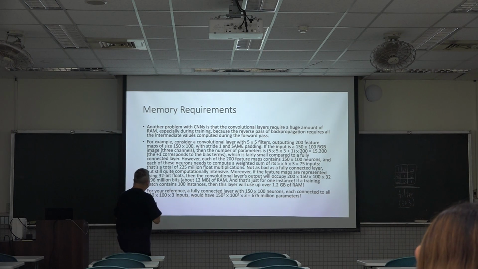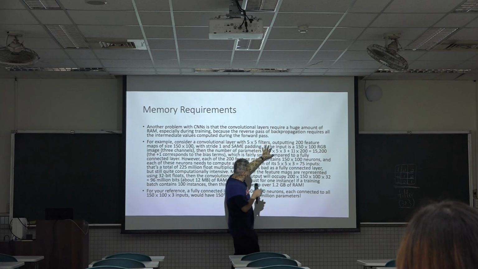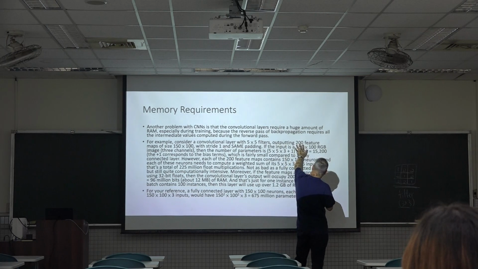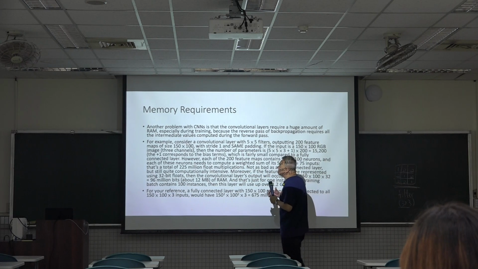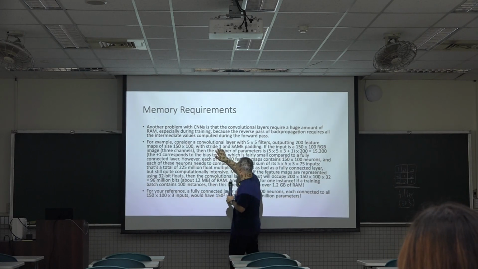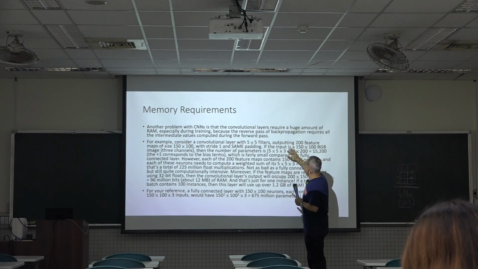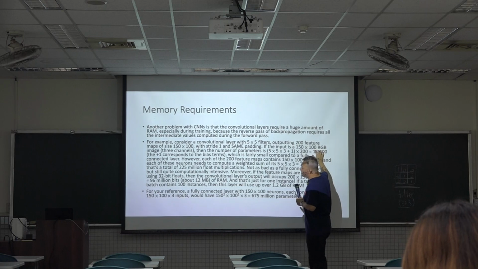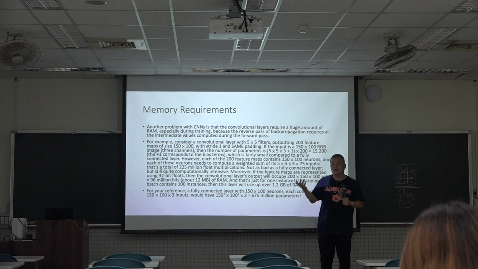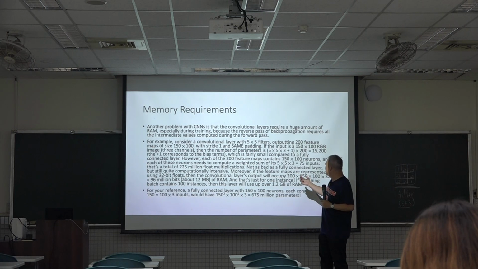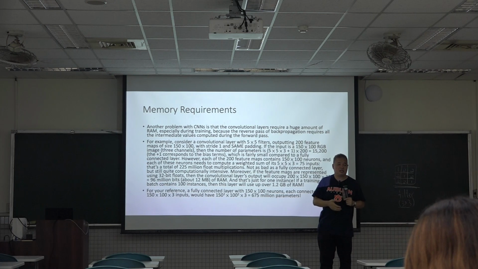For example, consider a convolutional layer with 5x5 filters, outputting 200 feature maps of size 150 by 100, with stride 1 and the same padding. If the input is a 150 by 100 RGB image, this is not large. The resolution is reasonable, and it's a color image, which is also not surprising.